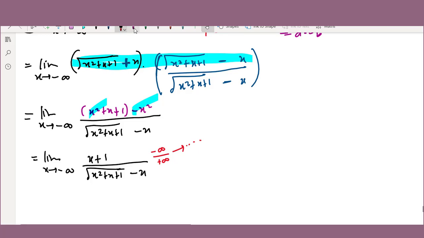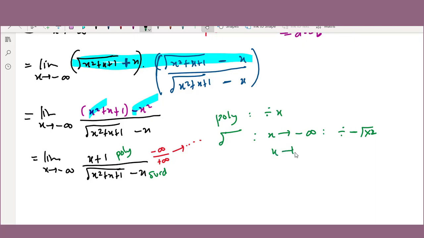Okay, means check: this is a polynomial function and this is a root. So when polynomial over root, you have to divide with the absolute value of x. For the polynomial function, divide with x. For the root, when x tends to negative infinity, you have to divide with the negative square root of x squared.